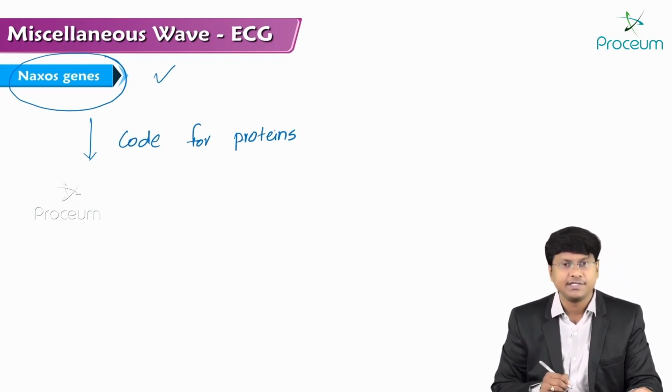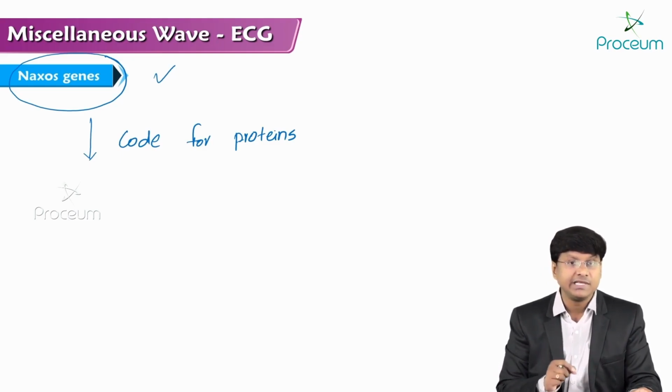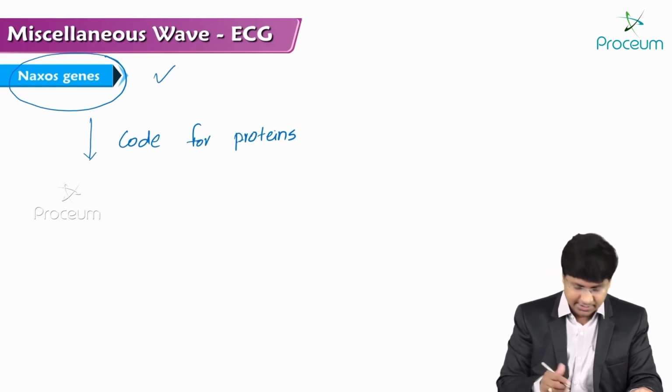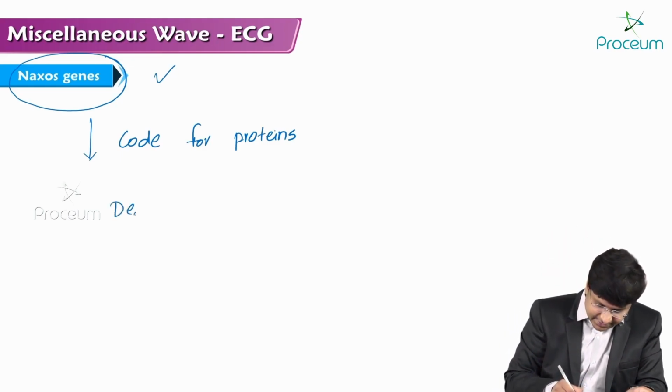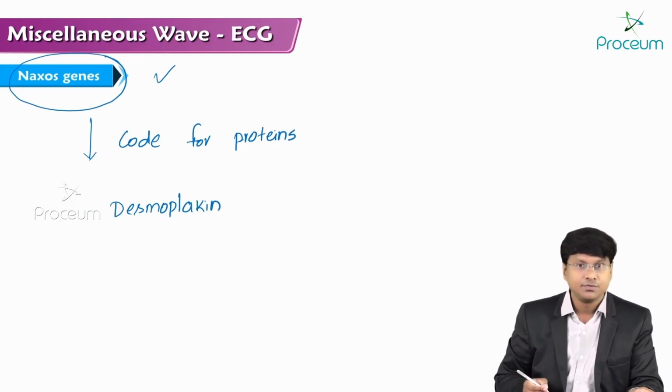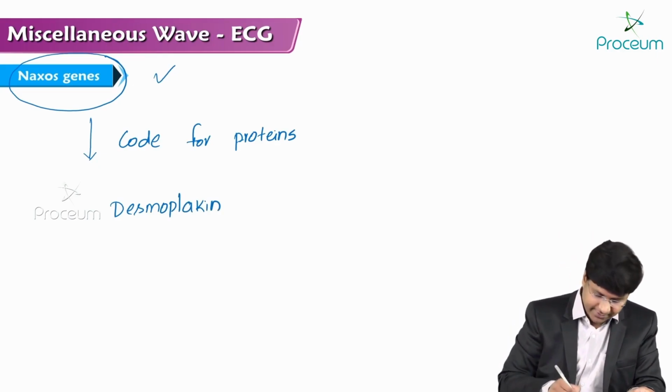Now, what are the proteins which are encoded by the Naxos gene? That is desmoplakin. Number 2, plakoglobin.